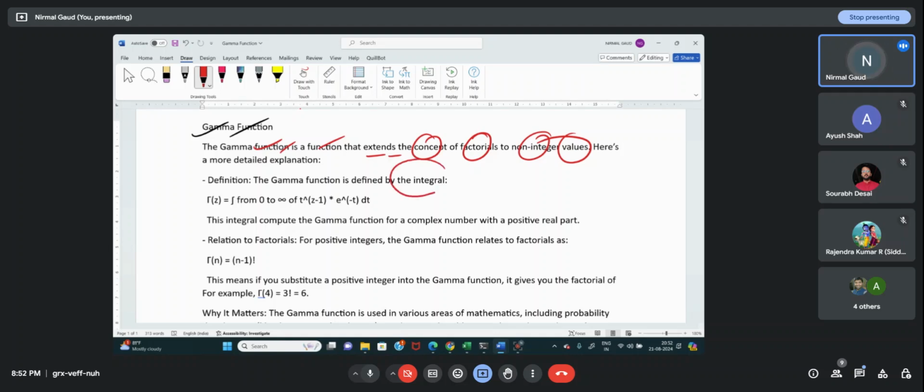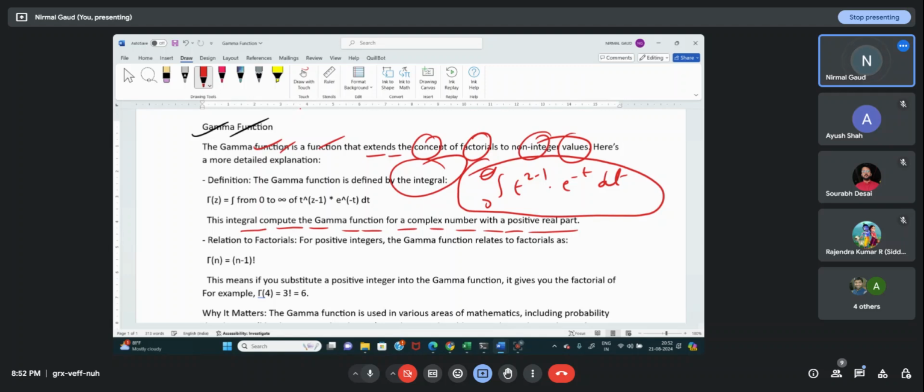So the gamma function is defined by the integral like this: integration 0 to infinity t to the power z minus 1 e to the power minus t dt. This is the formula for gamma function. Okay, so this integral computes the gamma function for a complex number with positive real part. For positive integers, the gamma function is written like this: gamma n is (n minus 1) factorial.